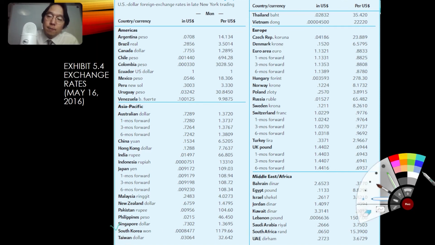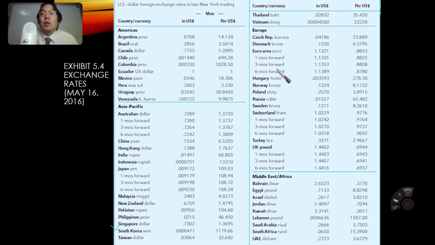And then Europe, and then Middle East, Africa, Bahrain, South Africa, UAE, like that. That's country or currency. And what you see on the next column is in US dollar terms, and then their foreign currency terms, how much is US dollar.